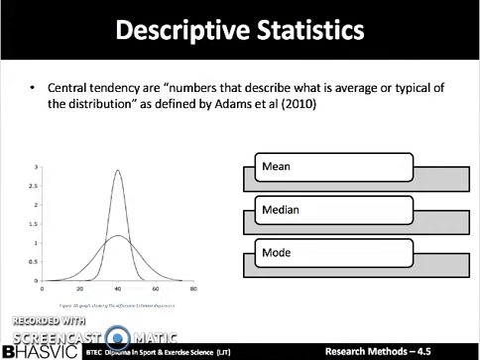When presented in the descriptive statistics of research, mean is usually presented alongside standard deviation. So, for example, if the mean was 34 and the standard deviation was 9, this would be presented as 34 plus minus 9, 34 being the mean, 9 being the standard deviation.